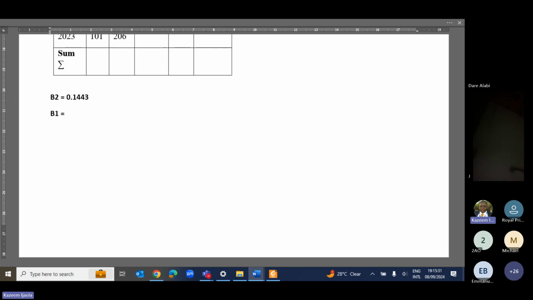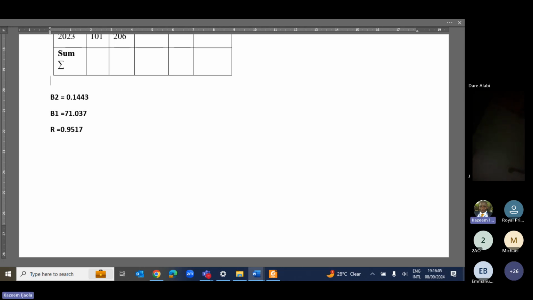Then beta 1 is A, which is 71.04037. Then R: Shift 1, regression, R is 5, 3, which is 0.9517. So this is the answer.